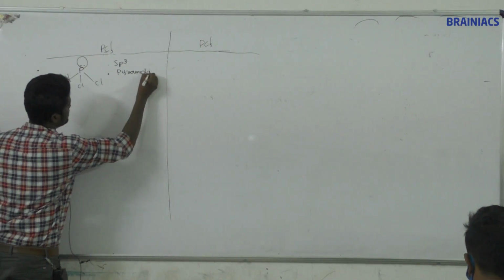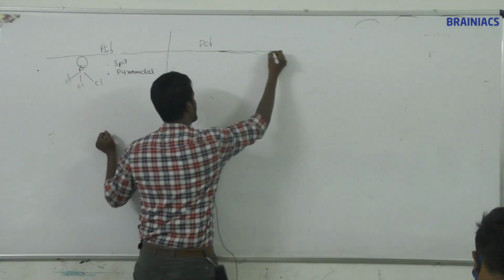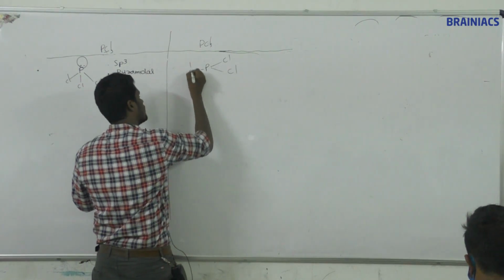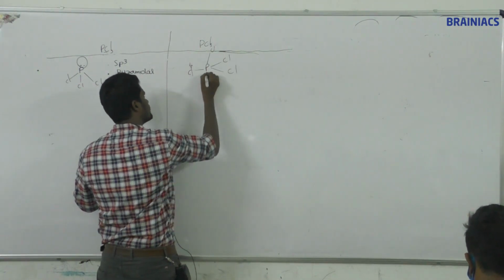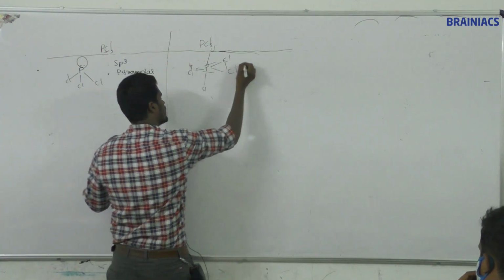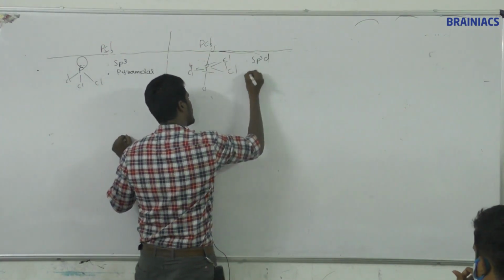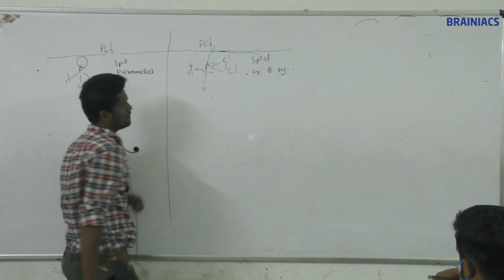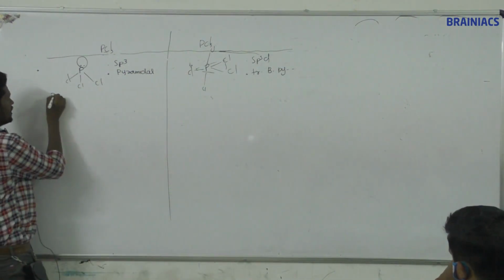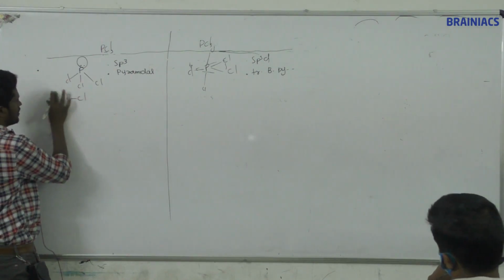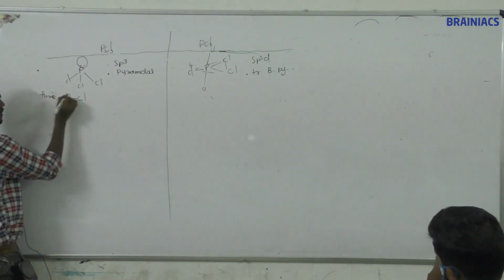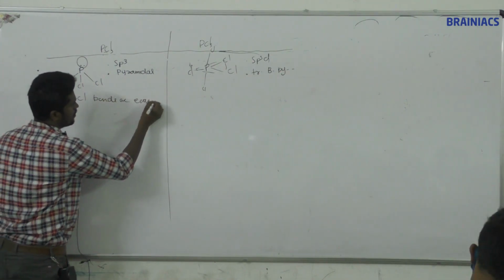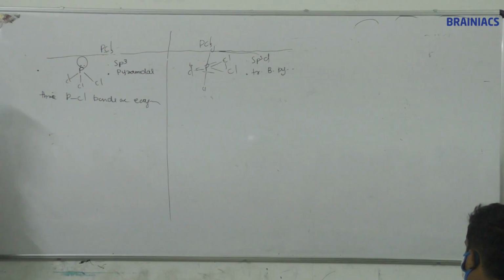Pyramidal. So here the 3 PCl bonds are equal.